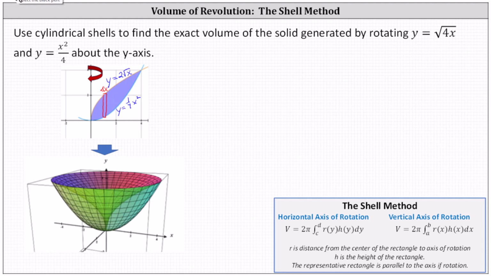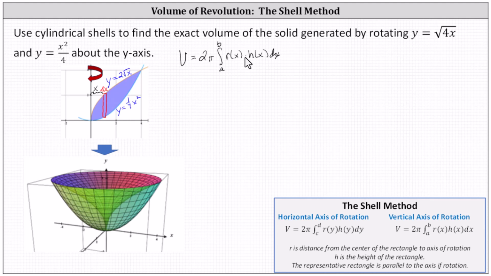So going back to our graph, notice r of x would be the distance from the rectangle to the y-axis, which is simply x. And then the height, h of x, is going to be the top function minus the bottom function. So again, to begin, we'll be using the volume formula, V equals 2 pi times the integral from a to b of r of x times h of x dx.